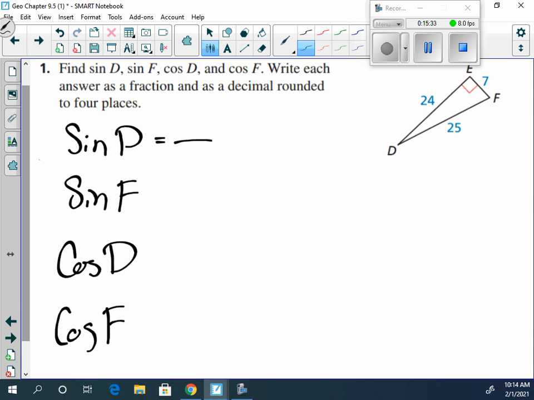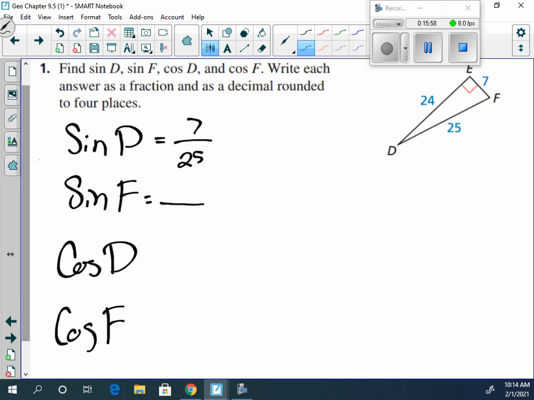Okay, we'll do the same thing again. So when we find sine and cosine of angles D and F, well, sine of angle D is going to be opposite over the hypotenuse. Well, the opposite side length would be 7, so 7/25.